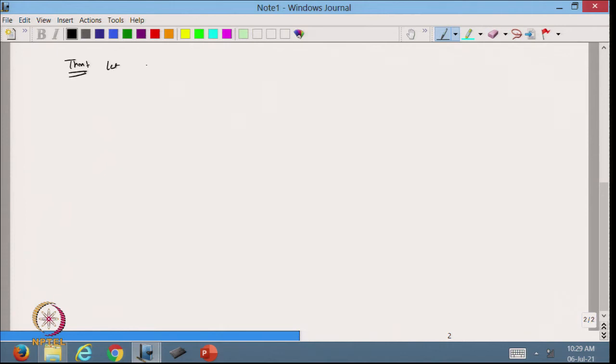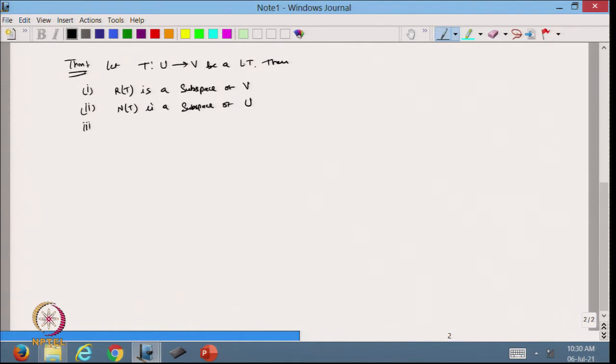Let T be a linear transformation from the vector space U to V. Then we know that the range space of T is a subspace of V. We also know that the null space of T is a subspace of U. These are a few facts.